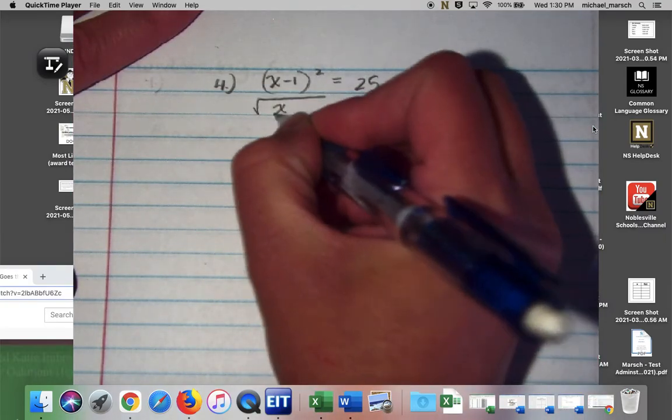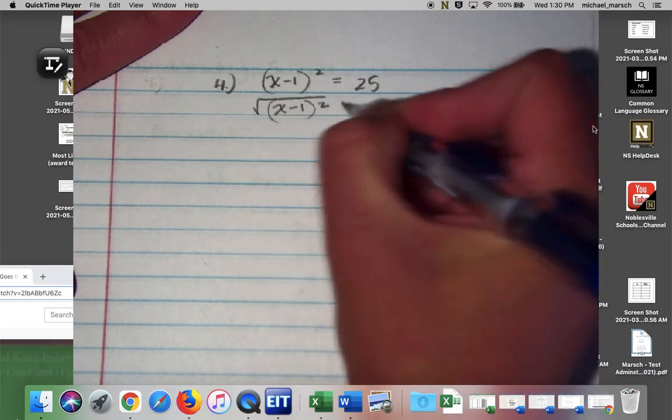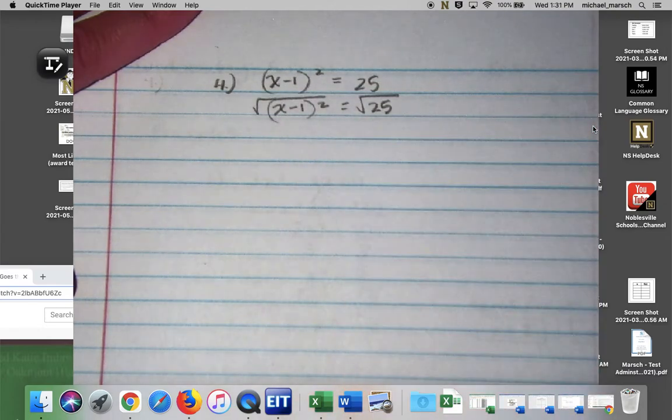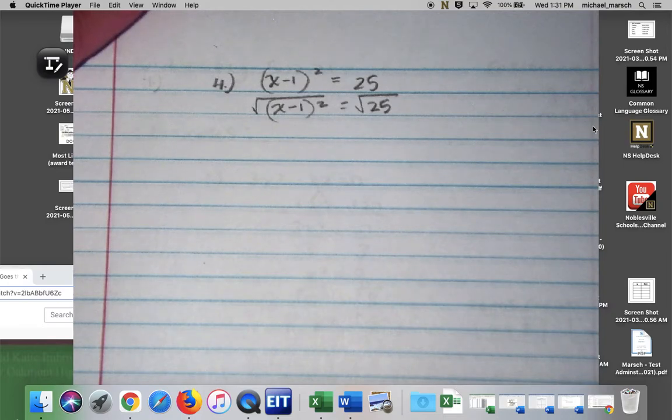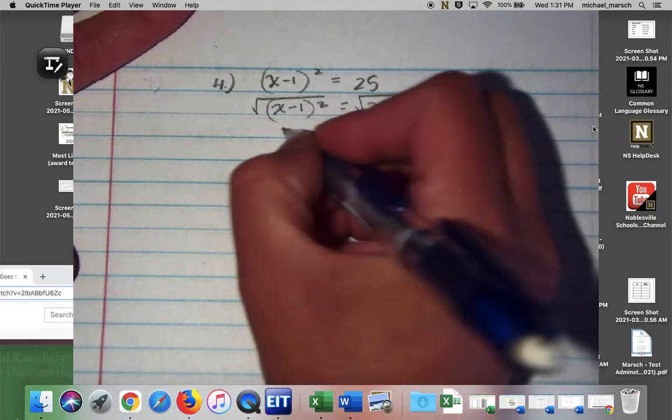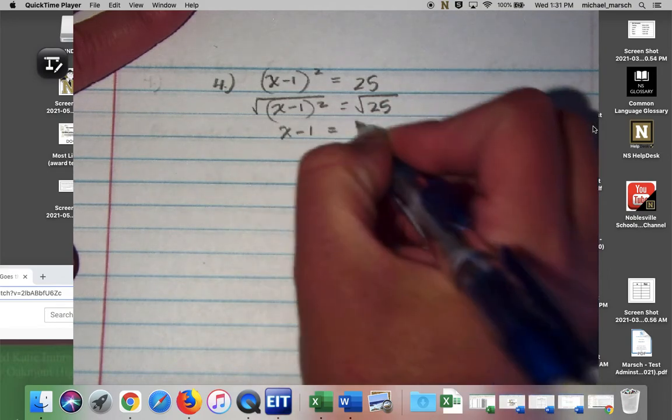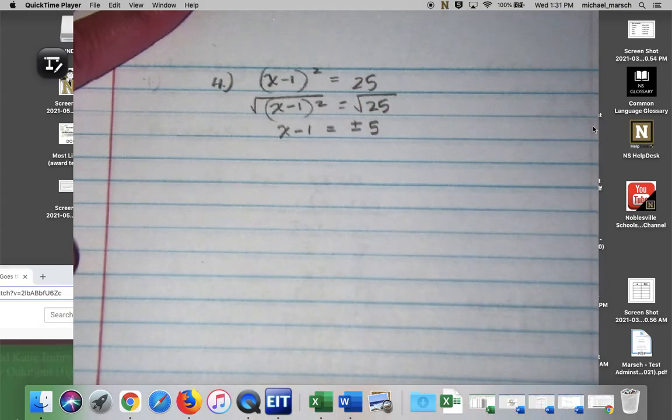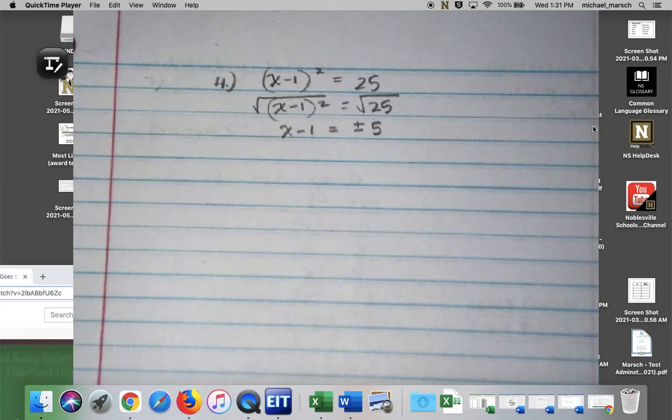I'm going to take the square root of x minus 1 squared and the square root of 25. All right, so what's multiplied times itself to get x minus 1 squared? x minus 1. So now I have x minus 1 equals positive or negative 5. Because remember, 5 times 5, negative 5 times negative 5.